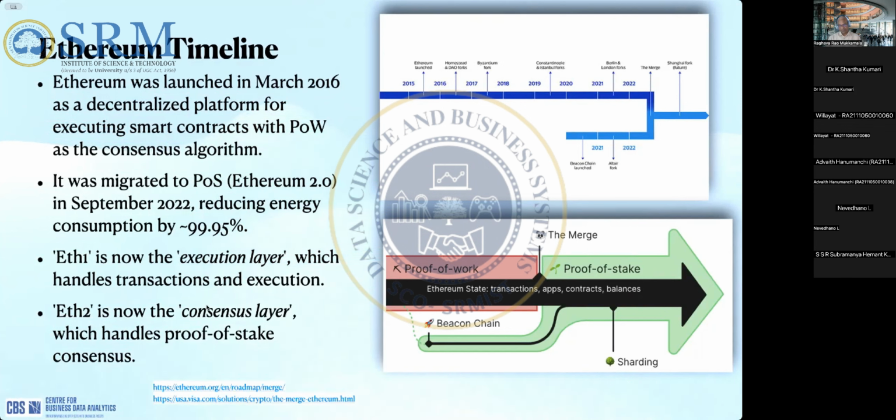What they did is they added Ethereum 2, which is like a layer on top of the existing one, which takes care of the consensus layer, right? So now it will validate all the new transactions and blocks and other things according to the revised consensus, which is called Ethereum 2. So that's how the merger happened.